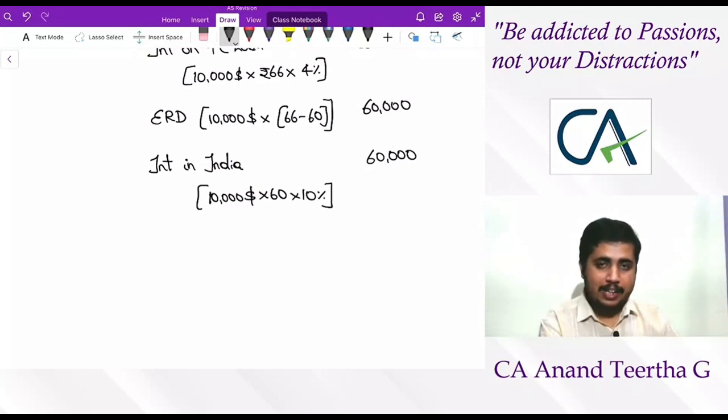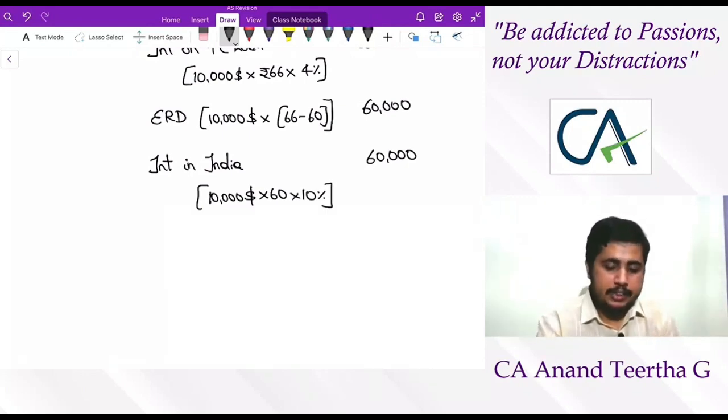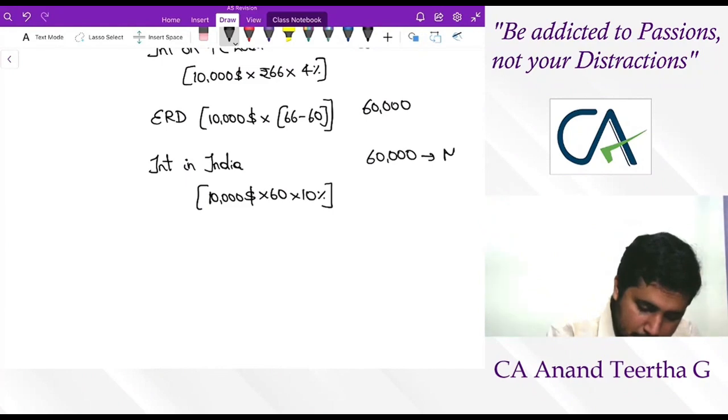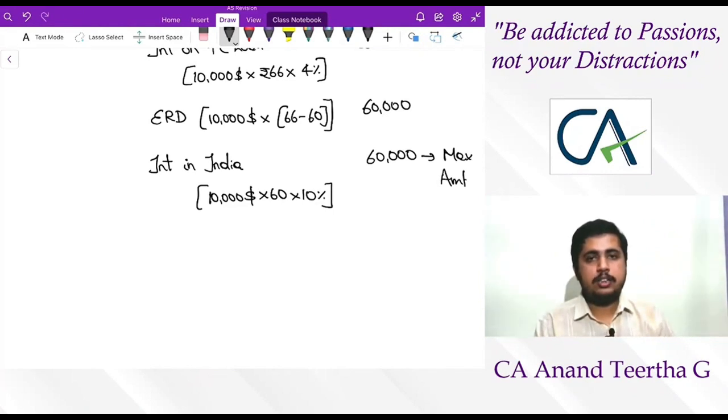That is the maximum amount which is allowed to be capitalized. This is the max amount, because the standard tells you that you are not supposed to capitalize anything more than similar interest taken in India. So that is the maximum amount to be capitalized.